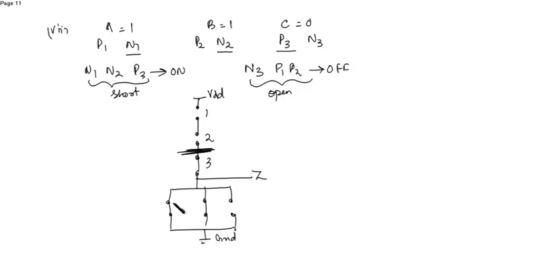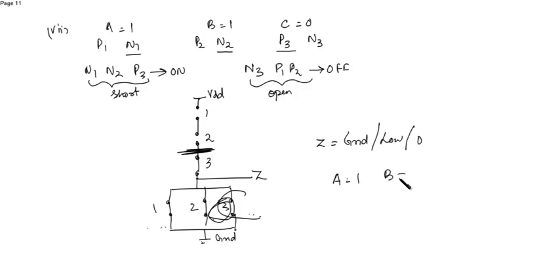Here same N1, 2, 3. 3 is open circuit while these two are short circuit, and they're independent of the third NMOS. So the output will be ground or low voltage or 0. So when A is 1, B is 1, C is 0, then the obtained output is 0. Now let's see the last condition.